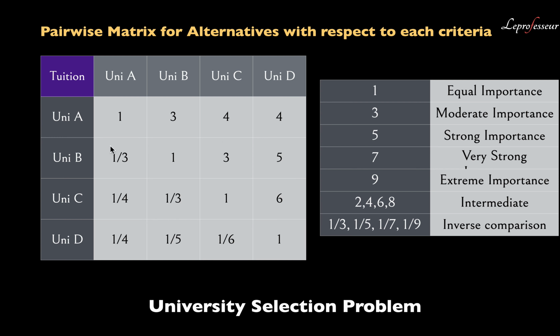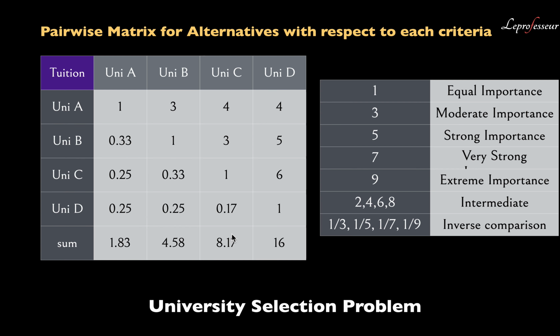For example, University A compared to University B, I give 3. University A compared to University C, I give 4. University A compared to University D, I give 4. Similarly, I fill other entries. So I make the upper triangular matrix, and the lower triangular matrix is just the inverse of it. All right. Now we can convert it to decimal.